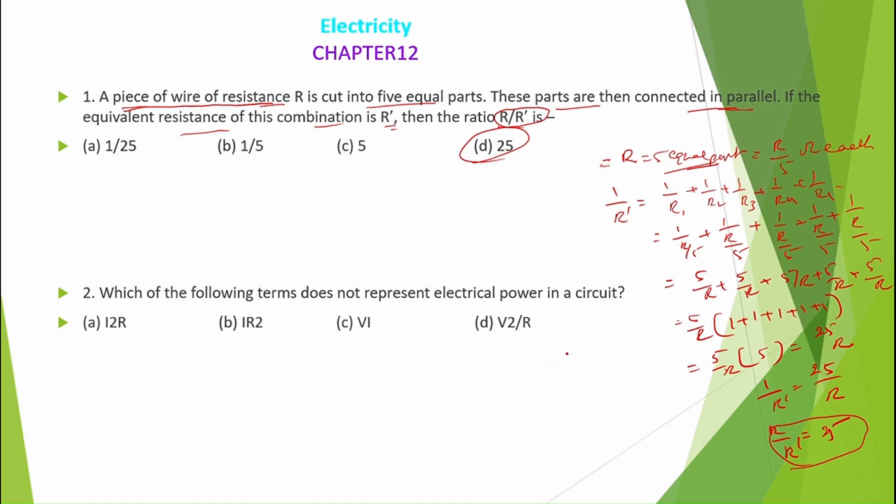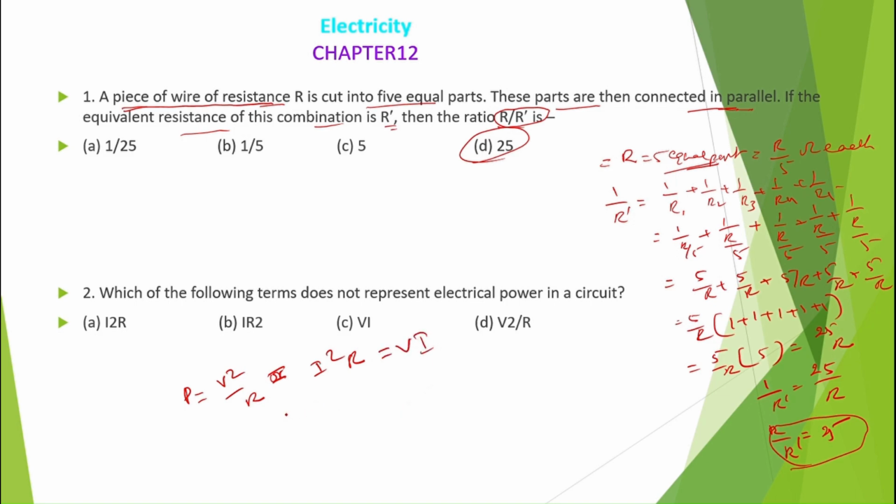Okay. So next question is, which of the following terms does not represent electrical power in a circuit? So we know that the electrical power formula: P is equal to V square by R, P is equal to I square R, P is equal to VI.